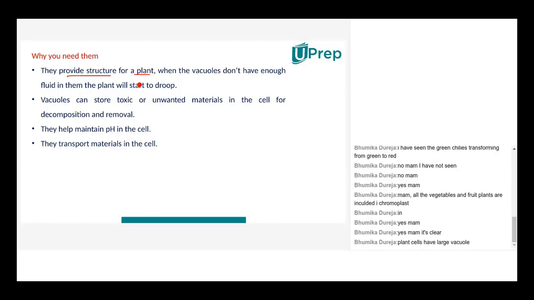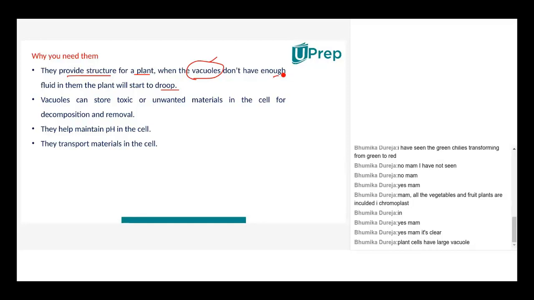Whether the plant cell is straight and erect or it has started drooping and wilting, that depends on the vacuole content. If the vacuoles will have enough quantity of cell sap or enough quantity of water to maintain the healthiness of plant, the plant will be erect.